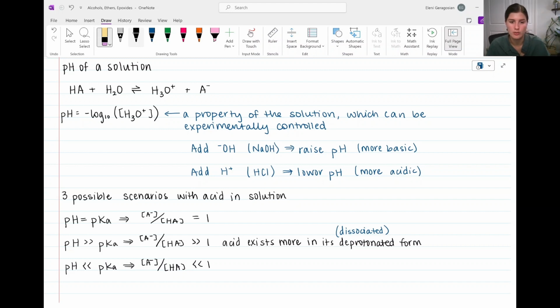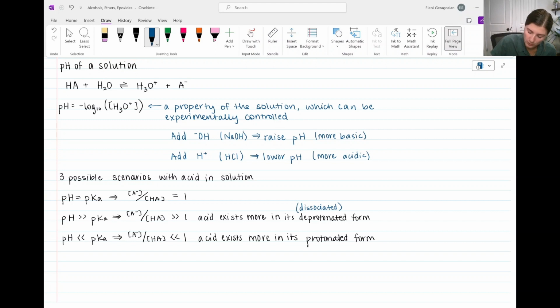We'll have a lower concentration of the dissociated ion, the A minus. So we can say the acid exists more so in its protonated form, but protonated just meaning its associated form. It's not getting an additional proton. It's just existing in its neutral form. So a better word for this is associated. So the acidic proton is still associated to the rest of the molecule.